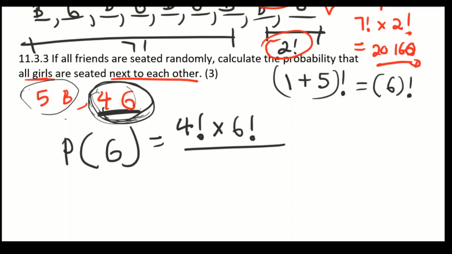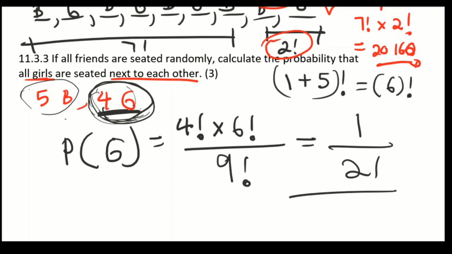How many people are seated there? I'm not saying how many girls or how many boys. There's a total of 9 people that are seated, right? So that's how we write down the probability for this. And if you punch this in your calculator, you should get 1/21 as your final answer.